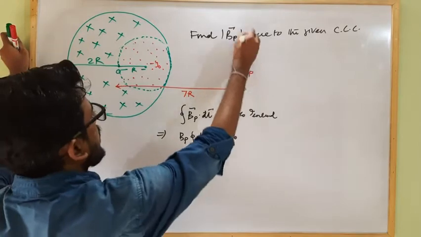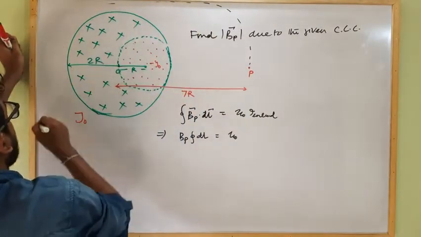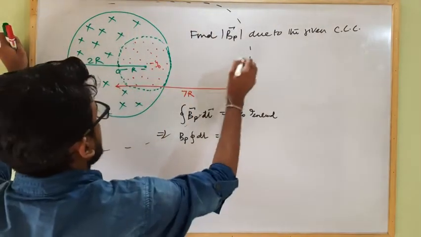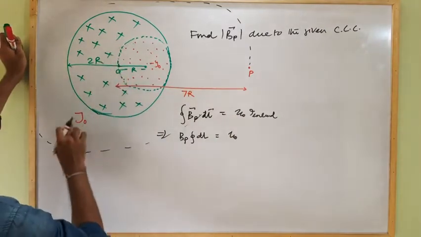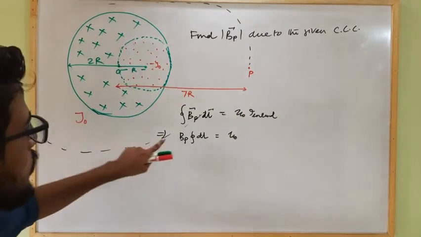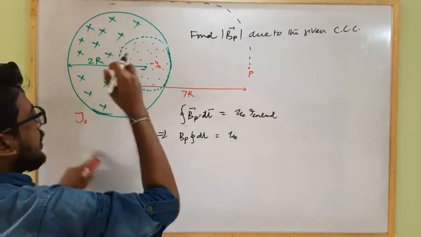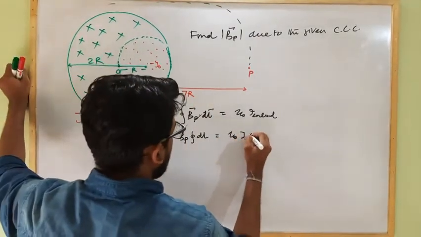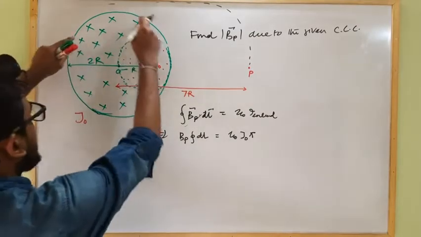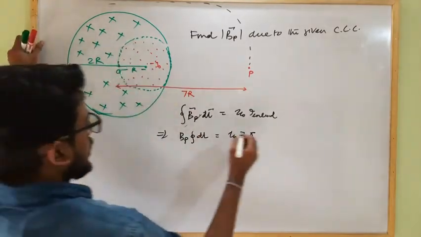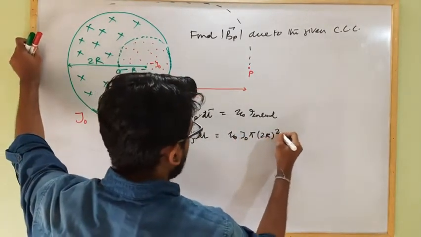If this is an Amperian loop like this, surrounding the coil, the complete current will be like this. If J naught is the current density, what will be the value of I enclosed? J naught into the complete area. So it will be J naught pi, what is the radius of the complete current carrying conductor? 2r. So it will be 2r square.